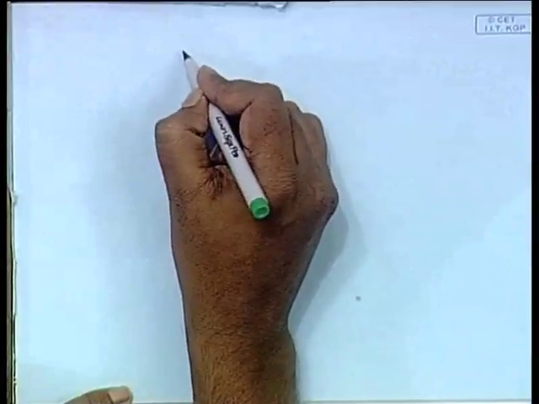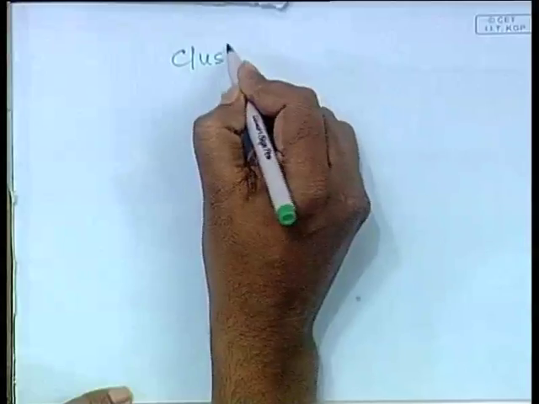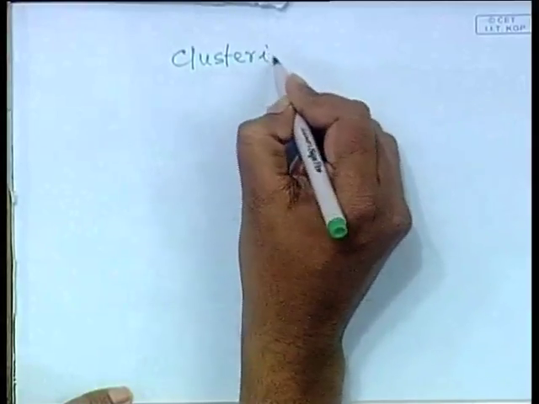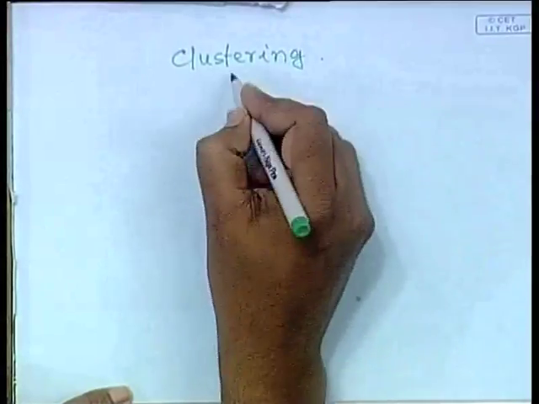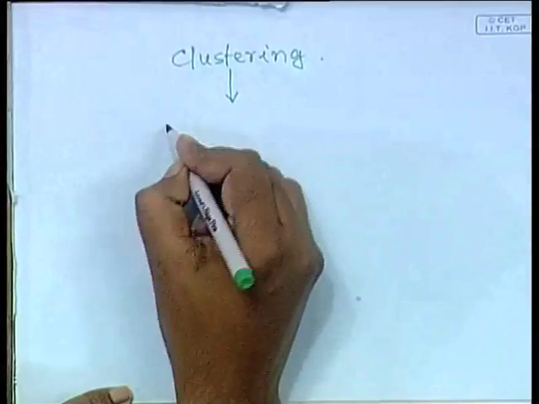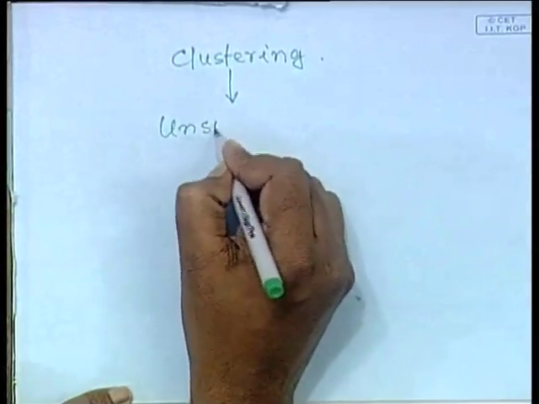So, the next point that we will discuss is clustering, which makes use of the concept of unsupervised classification.